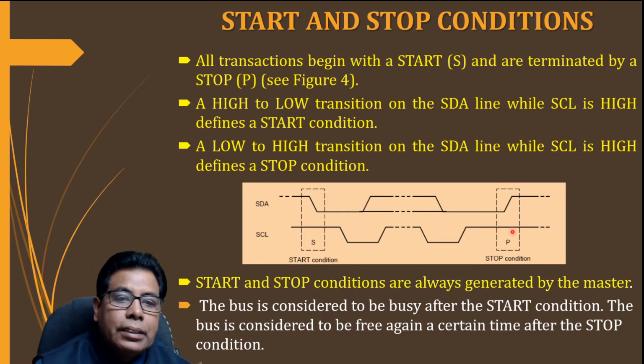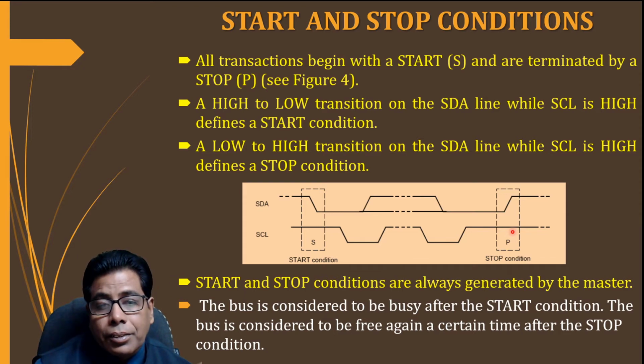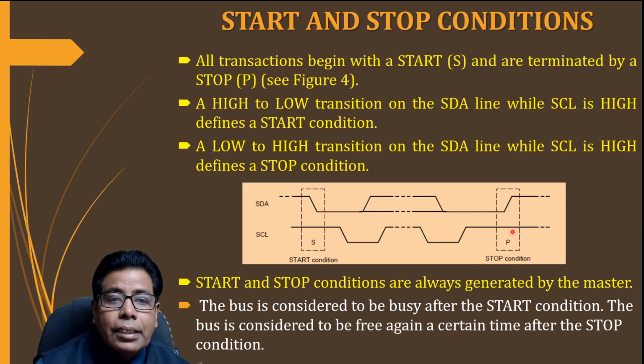Start and stop conditions are always generated by the master. So whenever the data transfer is taking place, the master will generate this condition, and the bus is considered to be busy after the start condition. So after the start condition, the bus is not idle, it is busy. The bus is considered to be free again a certain time after the stop condition.